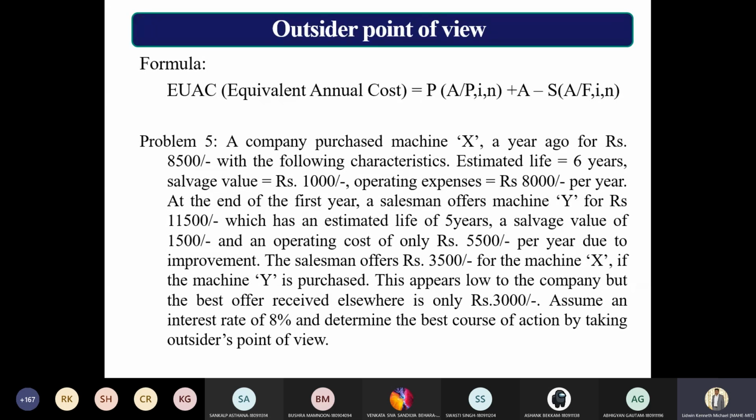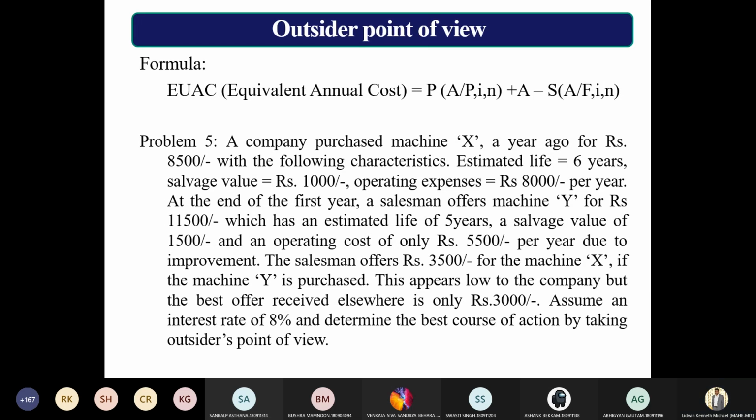Now this appears too low to the company, but the best offer the company received elsewhere was only 3,000. So assume an interest rate of 8% and determine the best course of action by taking the outsider's point of view.